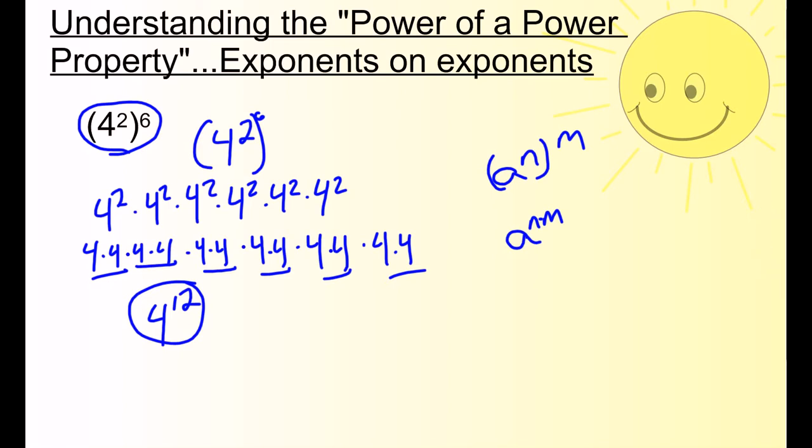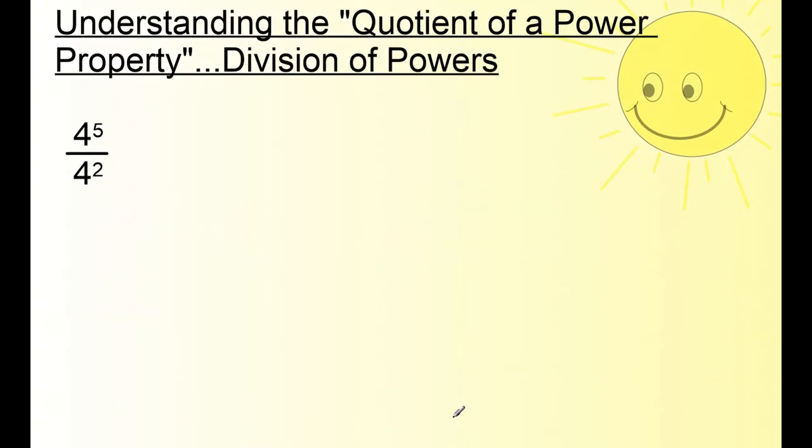So let's look at our next property. This is understanding the quotient of a power property. It's dividing powers. So 2 properties ago, when we were multiplying 2 powers together, when we had 7 to the 4th times 7 to the 5th, when we multiplied the powers together, we ended up adding the exponent.